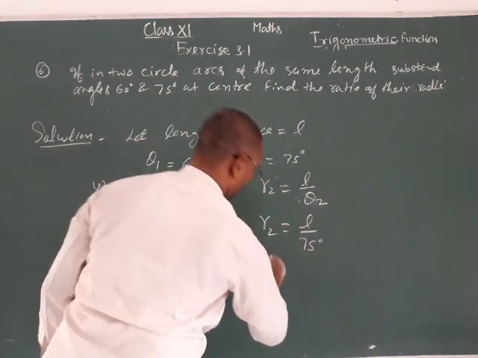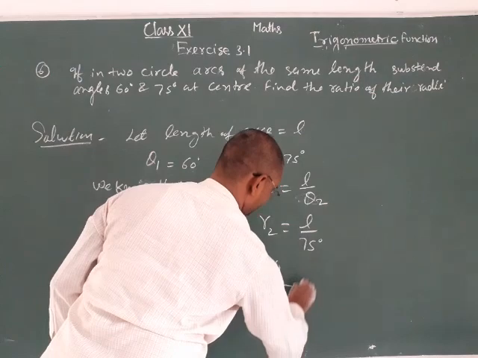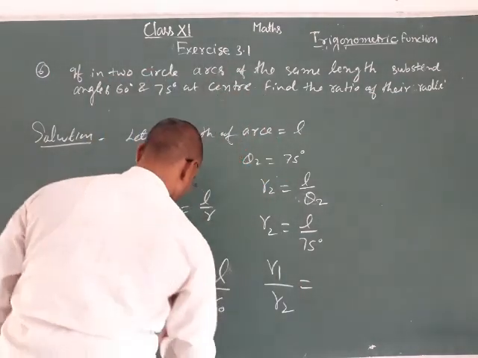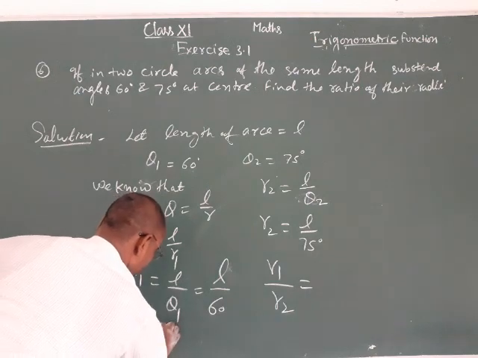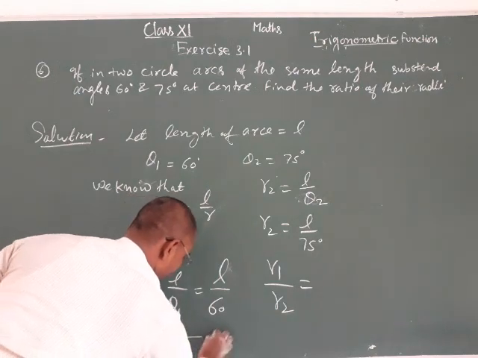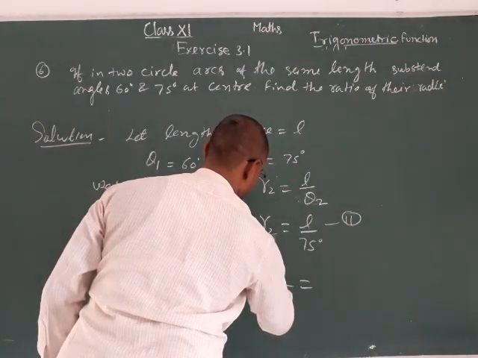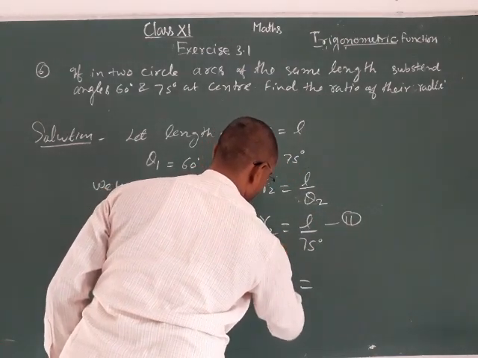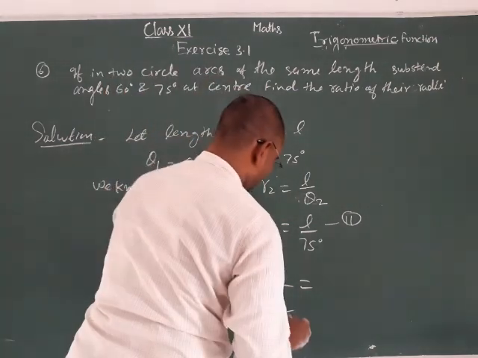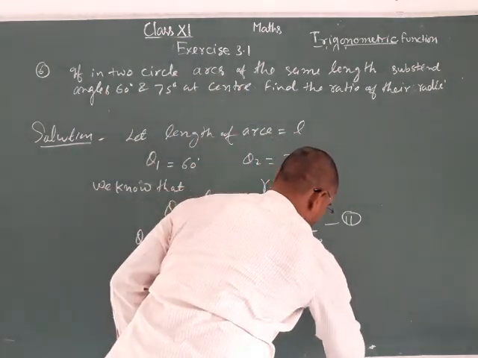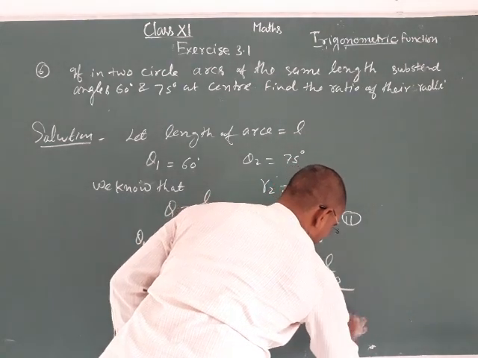So r1 upon r2, first divided by second, is L upon 60 upon L upon 75.